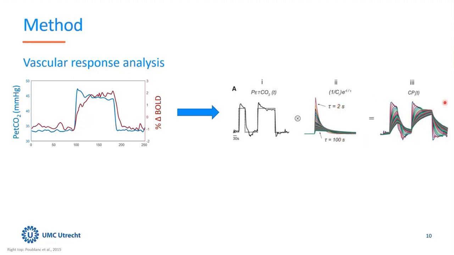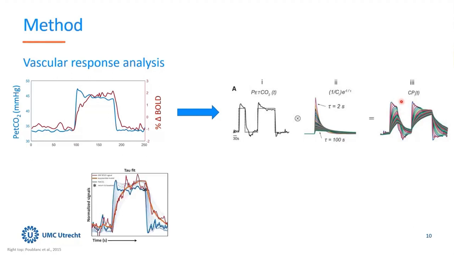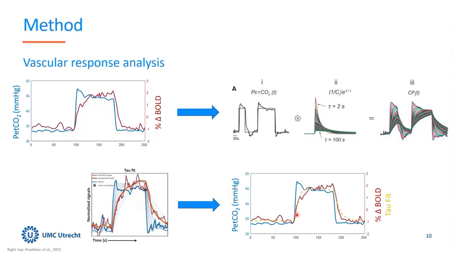And then you end up with this convolved function. And what we did then was do a least squares fit between the volt signal and this convolved function. And then you end up with a certain tau fit, which you see here in yellow. And this tau fit is represented by tau, which actually represents the vascular response.